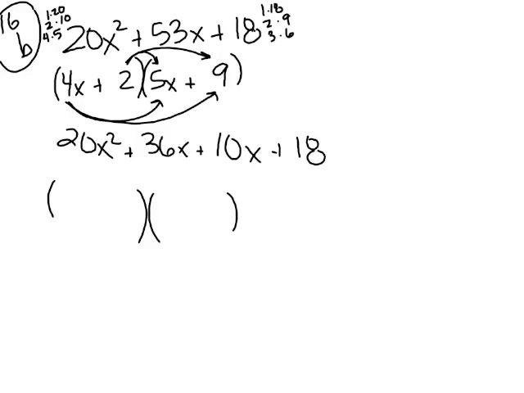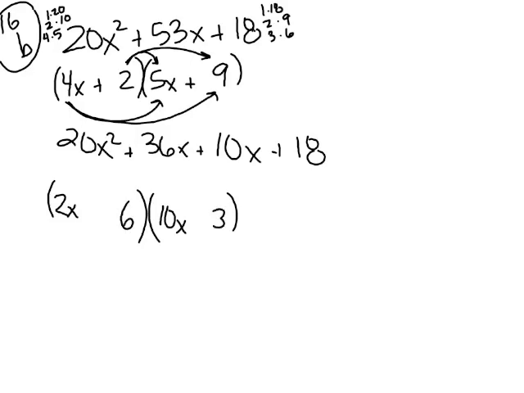So you don't want to use 4 and 5, you want to use 2 and 10? 2x and 10x, there will be my 20x squared. And then factors of 18. Should we just throw some in and see what happens? 3 and a 6.